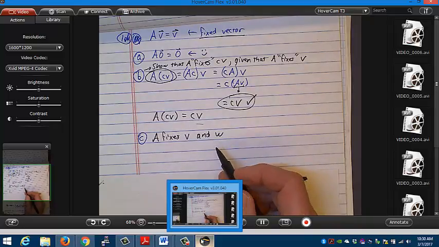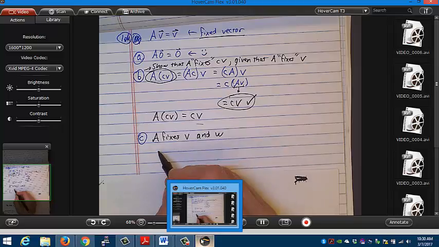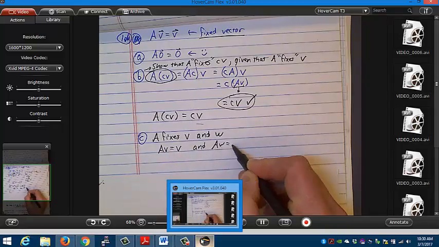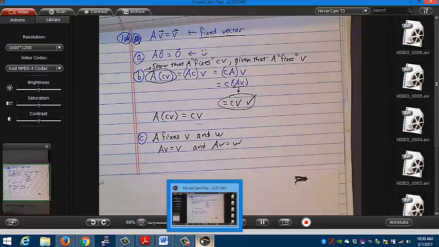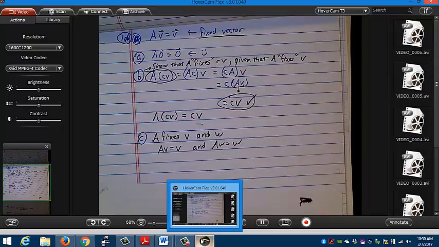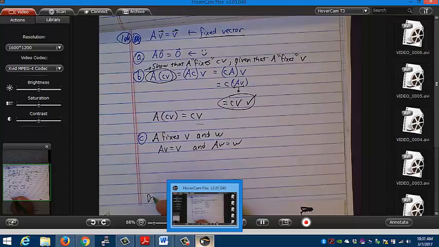So how do I write that mathematically? AV equals V and AW equals W. And now the question they're asking me is, does A fix V plus W?